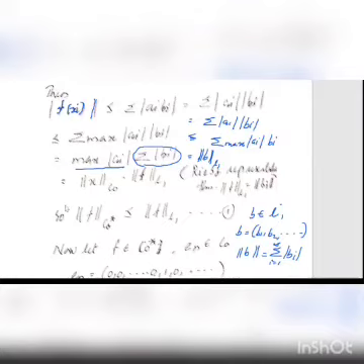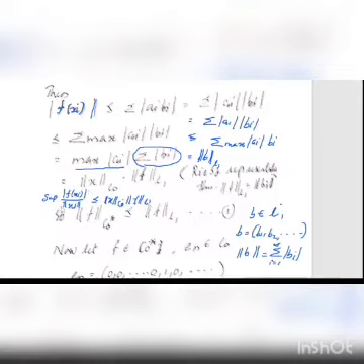So supremum of mod f of x by norm of x should always be less than or equal to norm of x at c0 into norm of f at L1.